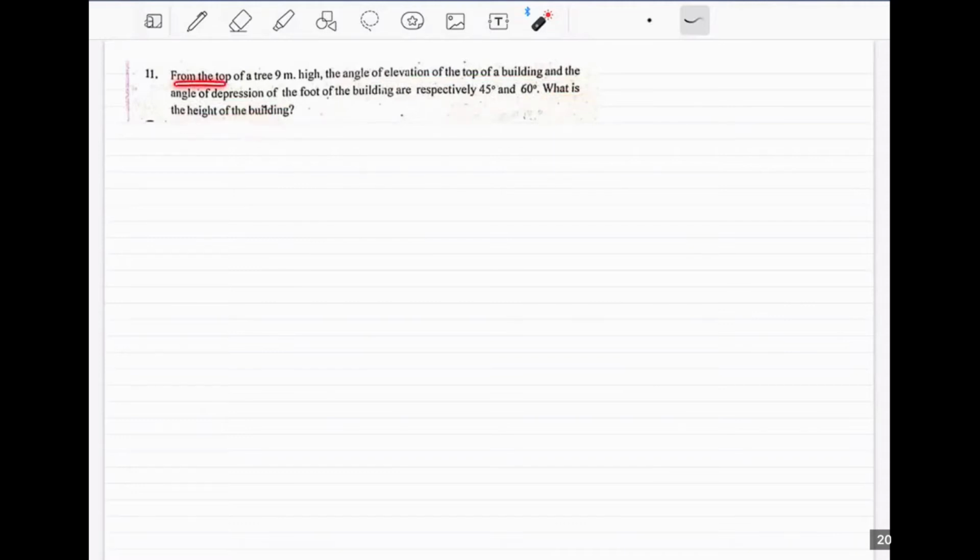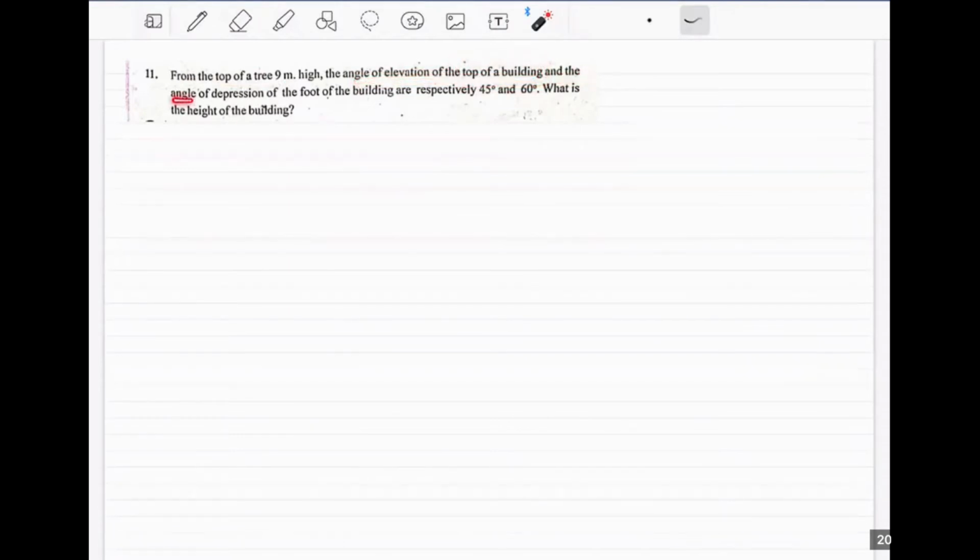So from the top of a tree 9 meter high, the angle of elevation. It mentions angle of elevation. That means we are looking where, up or down? Looking up, from the top of the tree. The angle of elevation of the top of a building: we are looking up to the top of a building.